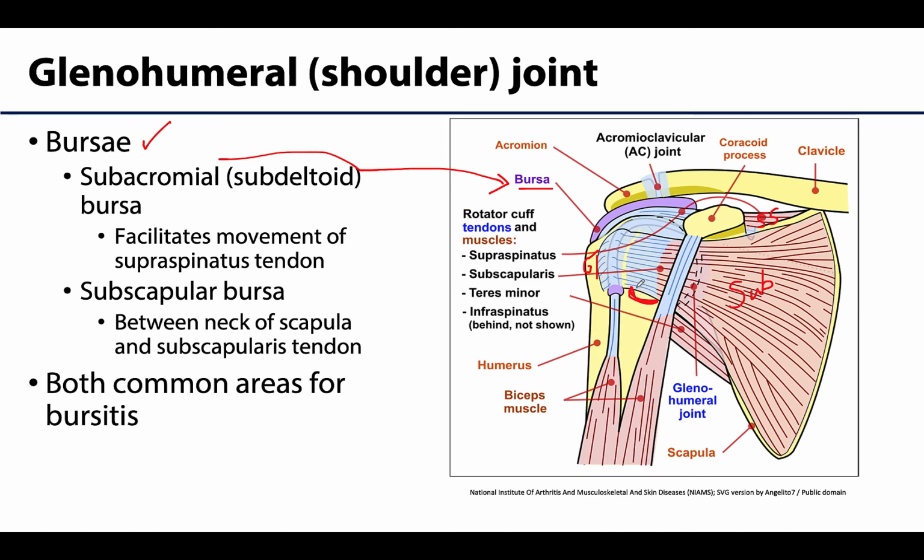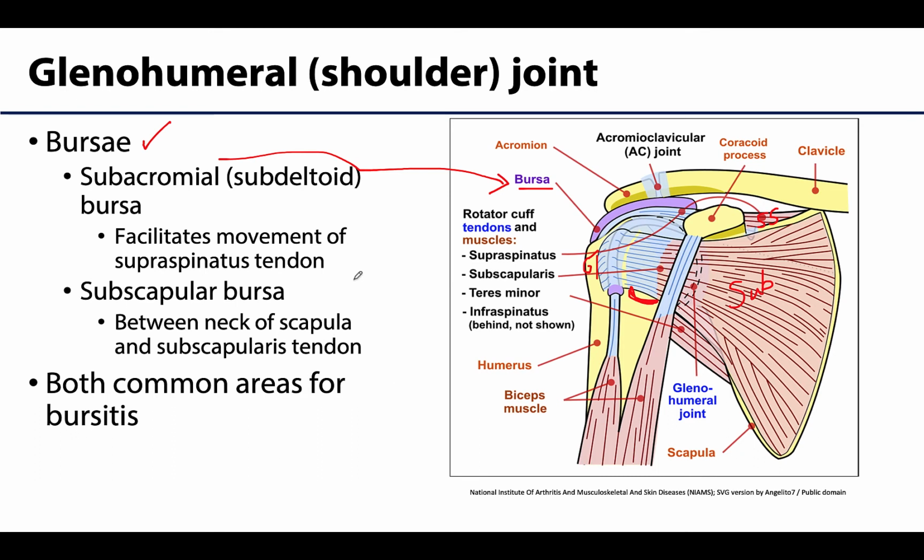And this bursa is unique in the fact that it does communicate directly with the joint cavity. Usually the bursae, like we have with the subacromial, are completely separate from the joint cavity in the joint capsule, but the subscapular bursa does have a communication with it.